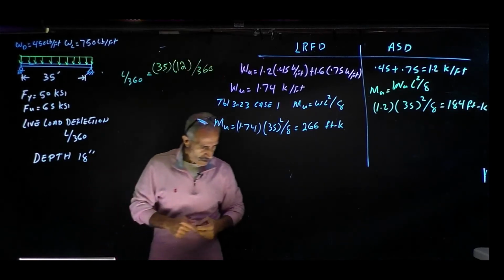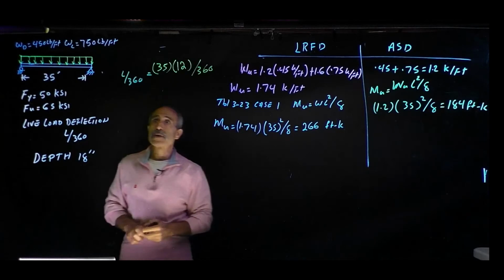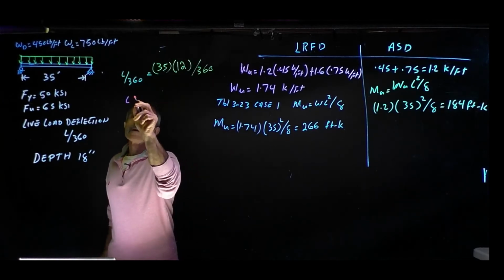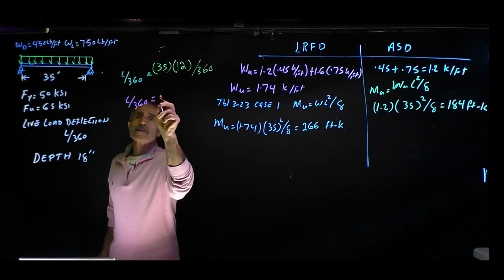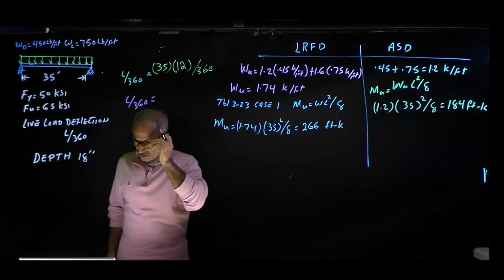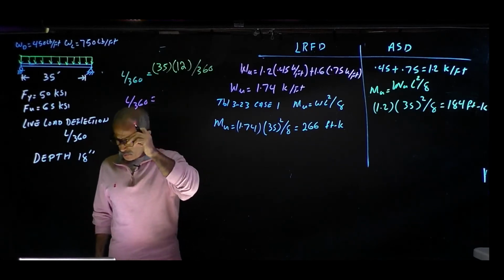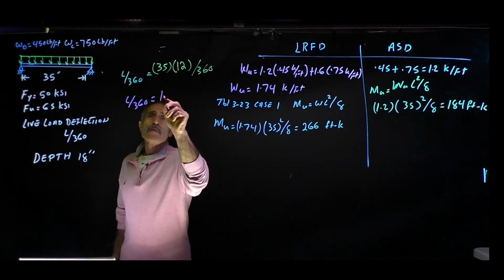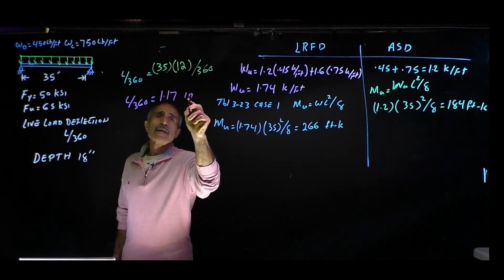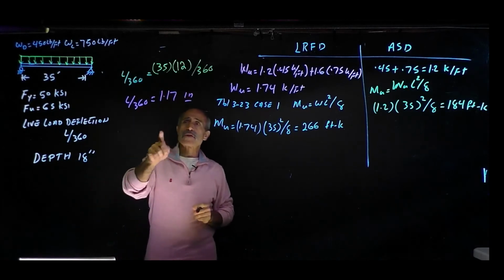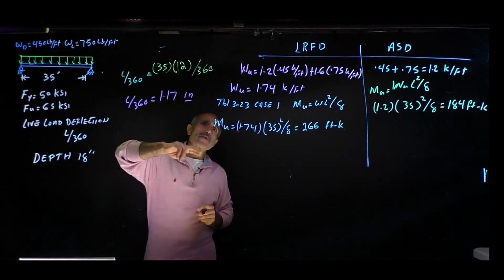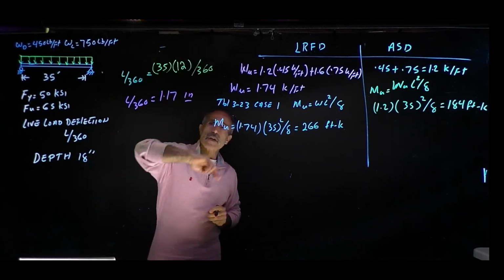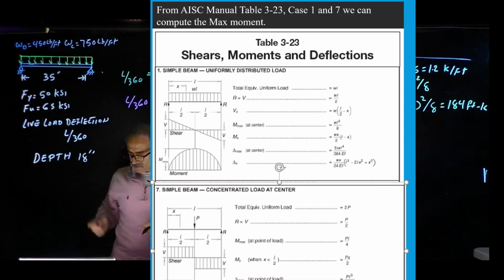L over 360 comes out to 1.17 inch. So that's our deflection limit. If we go back to the same table that we looked at for the beam formula, we can look at the deflection.